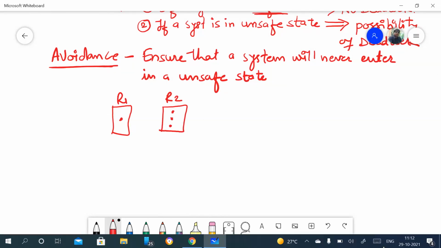So this is a single instance, and here multiple instances. Based on these two, we can select the algorithm to avoid the deadlock.